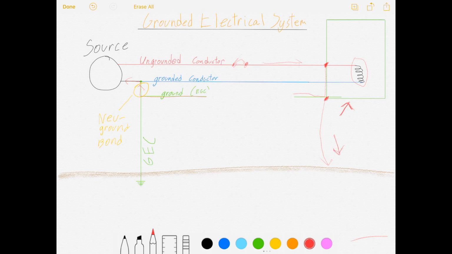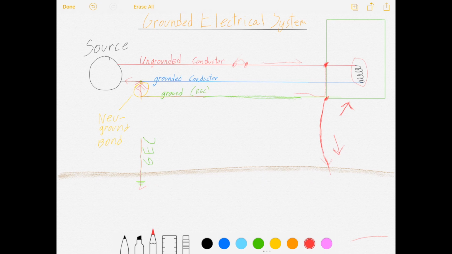And now if you were to touch it, that current would go through your body and into the ground and over into the grounding electrode conductor, up into this neutral to ground bond and back to the source. And you would receive anything from a shock to potentially electrocution. It can be anything from just a minimal tingling to death, depending on a lot of environmental conditions and the voltage. But in any case, it's something that we want to avoid altogether.